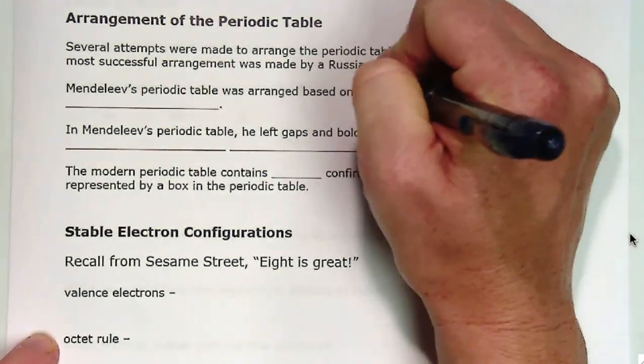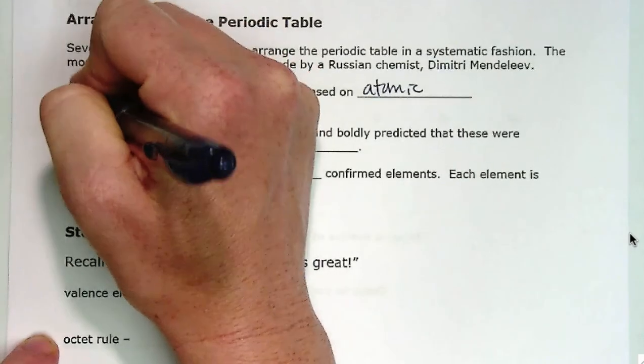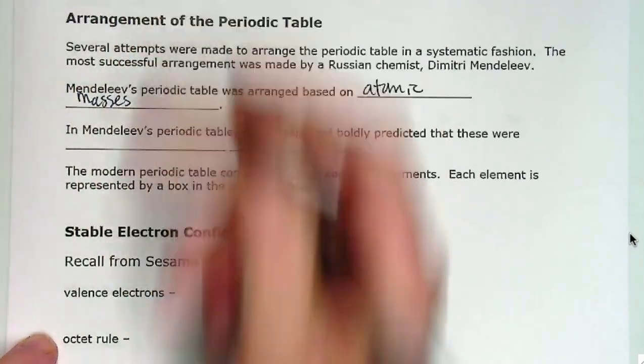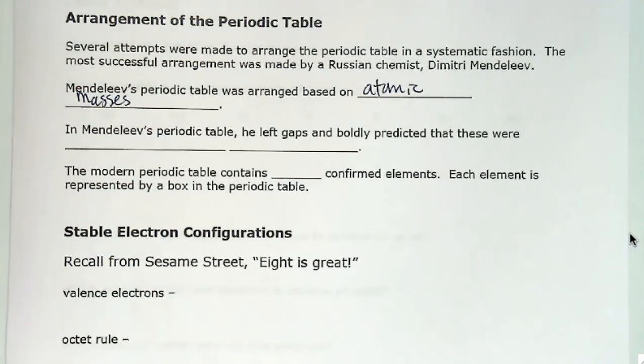When he roughly organized the periodic table by atomic masses, he found those group behaviors, like we were just talking about, the alkaline earth metals, the alkali metals, they all kind of react in a similar fashion.